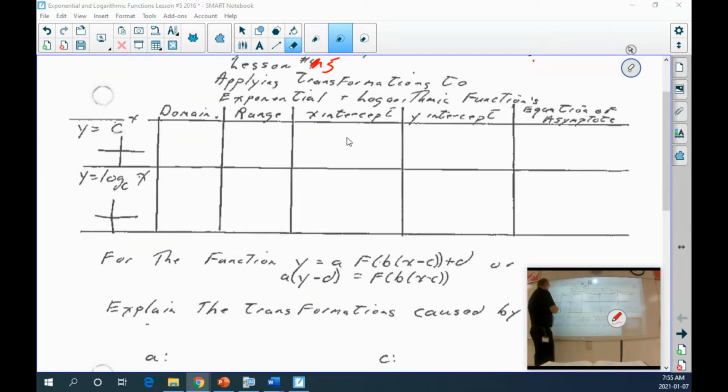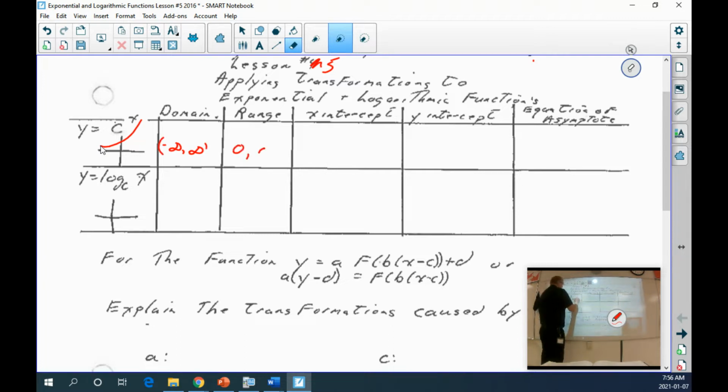So the domain of an exponential graph, which would look like that, assuming you have a base greater than 1. But this domain and range, all these properties do apply to a graph with a base between 0 and 1. Our domain is all real numbers.